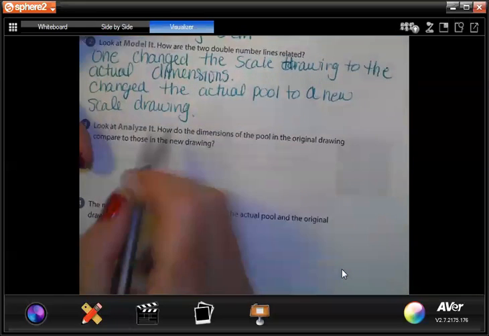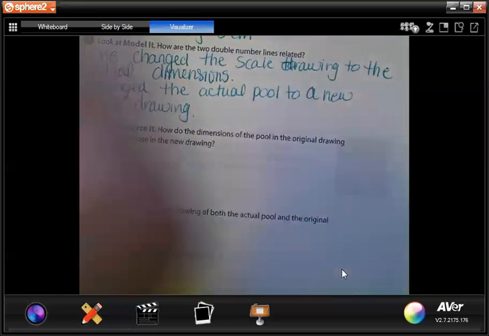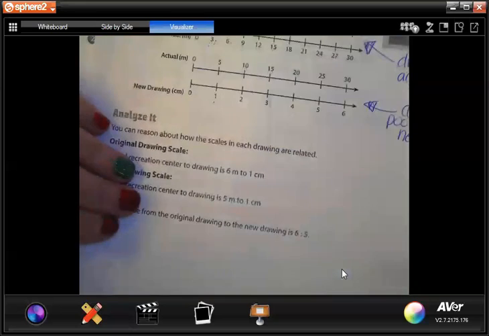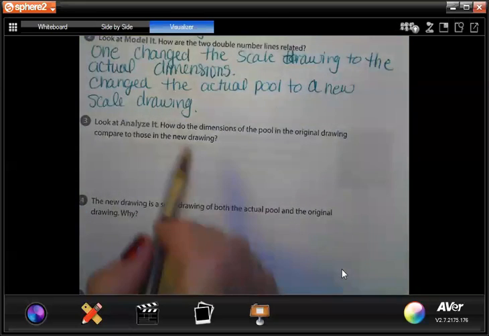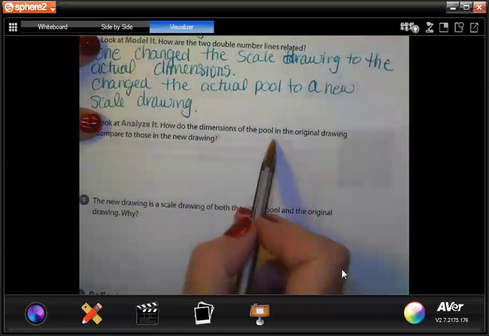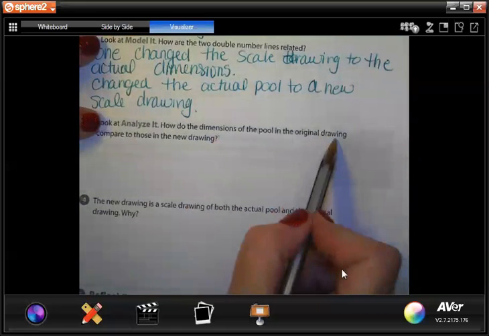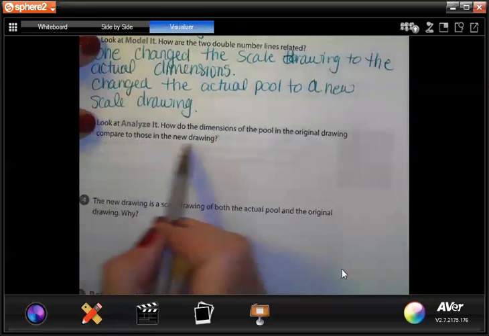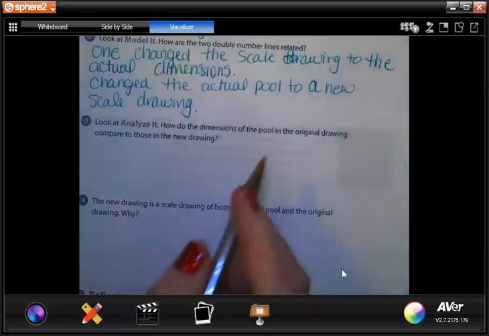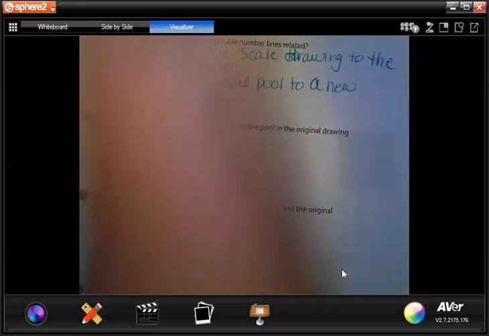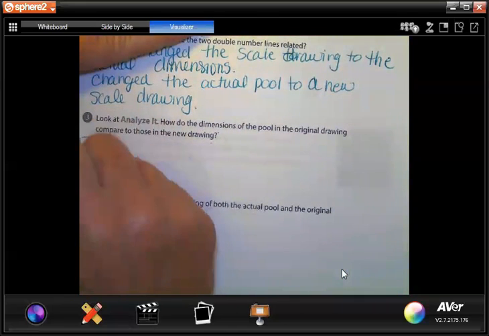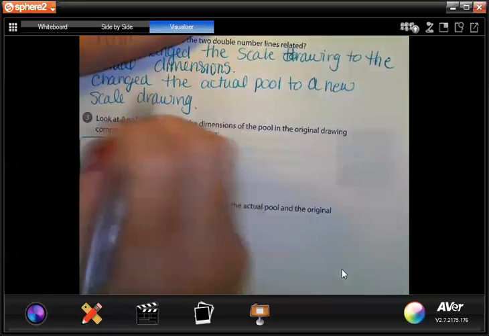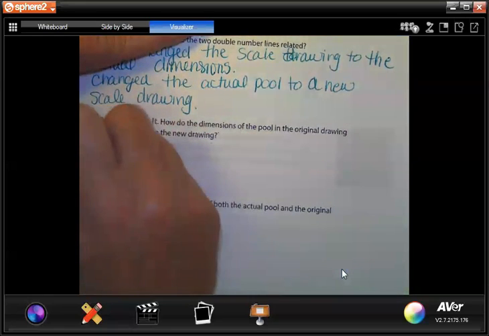Now, number 3, look at the Analyze It. We did not talk about this in class, so let's take a look. How do the dimensions of the pool in the original drawing compare to those in the new drawing? Well, the dimensions of the original drawing, right here, were 5 by 2.5.